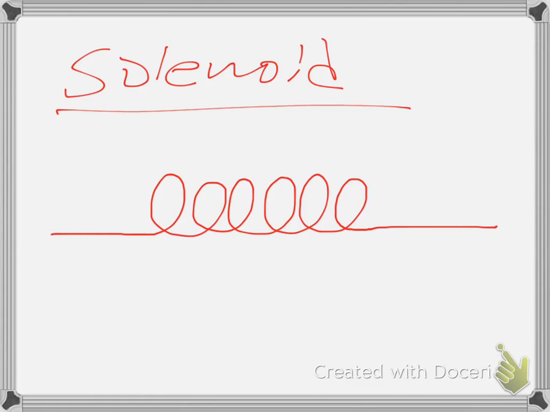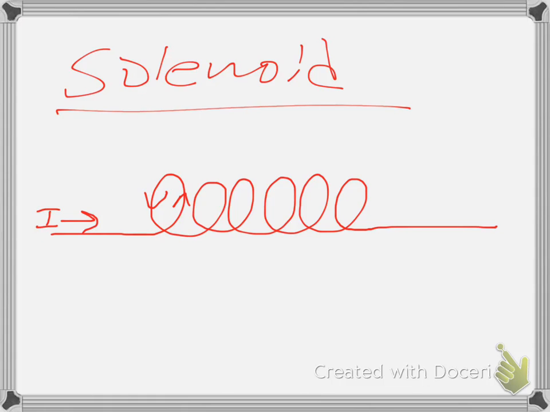Now think about this. If the current is going in this direction, that means that in here the current is going up, and here it's going down. If you use that first right-hand rule that I taught you, what we end up seeing is that you get a magnetic field created by all these wires that looks very similar to a bar magnet.